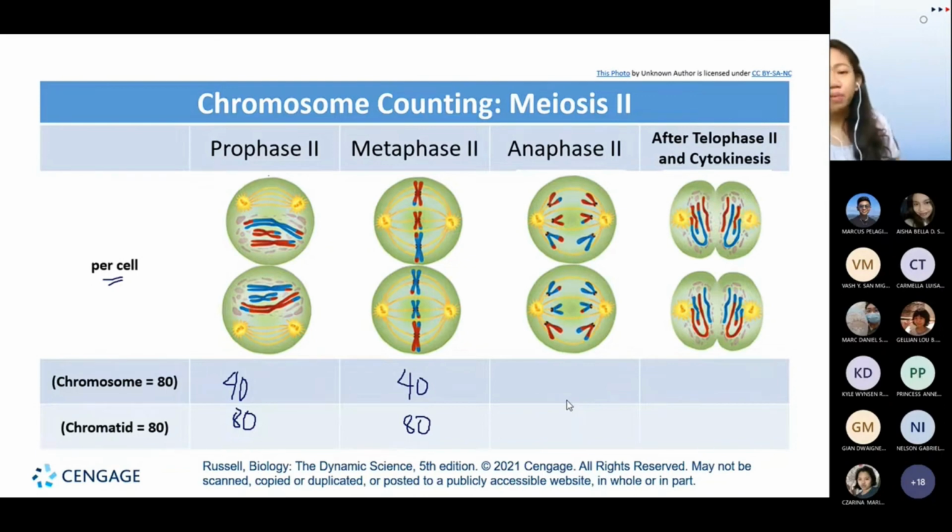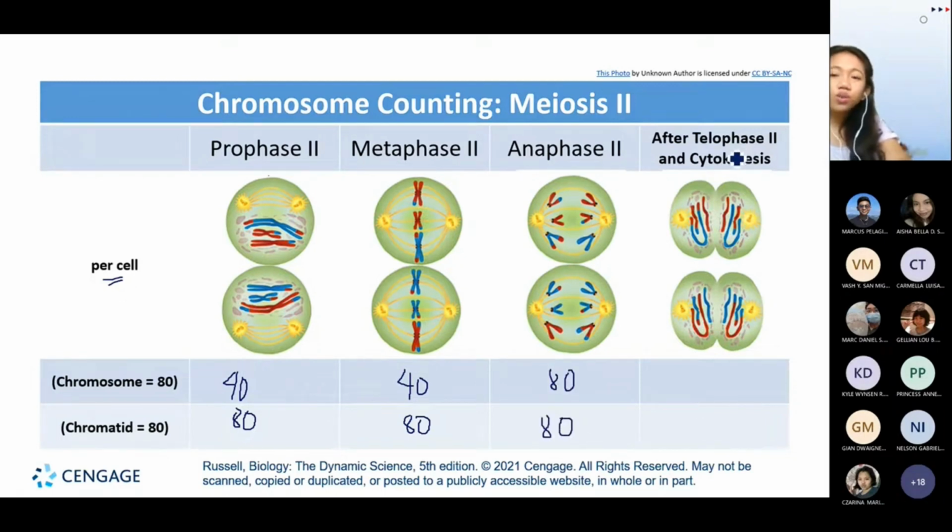For anaphase, how many chromosomes and chromatids will be present? Okay, Gracelyn, go ahead. 80. Both. Okay, 80 for chromosomes and 80 also for chromatids.